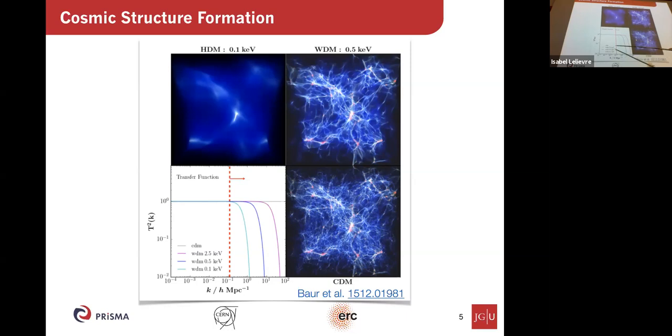So for cold dark matter, in this normalization here, there is as much structure at large scales as there is at small scales. And then for lighter and lighter dark matter, this transfer function cuts off, which means that structures that are smaller than a given scale cannot form anymore.